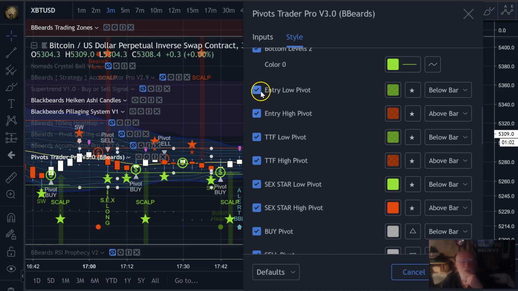Let me see if I can show you this. You see, in the background, this little green star behind the big one. That's your entry point low. There's the same up on top.